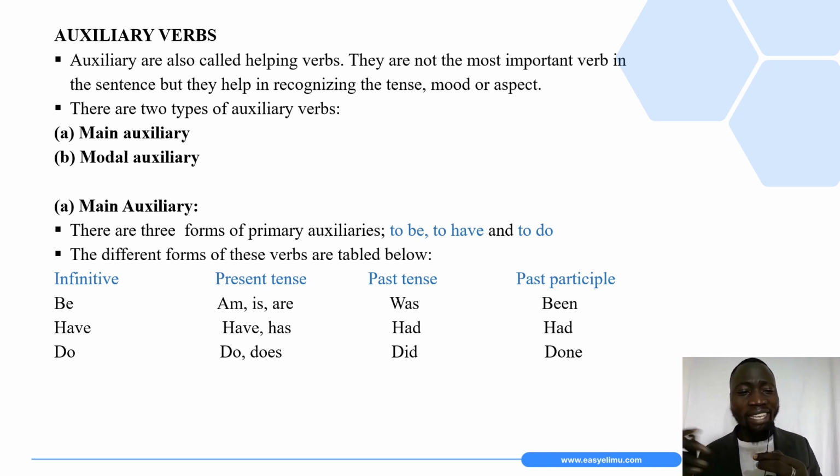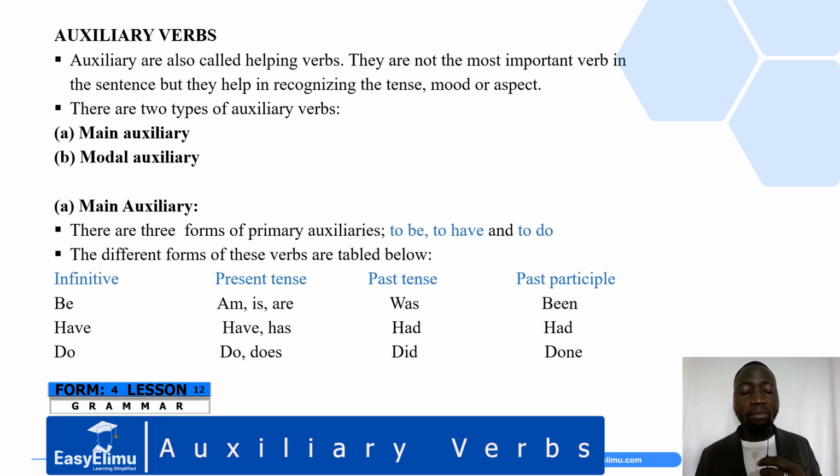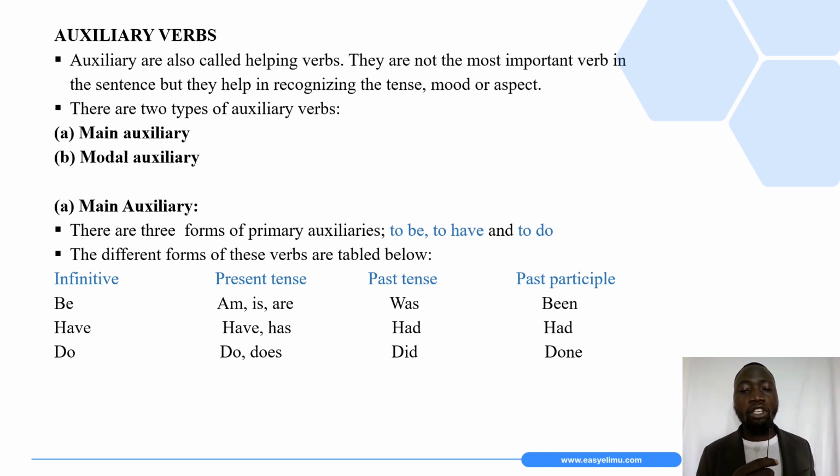So allow me to start by looking at the first one, that is the main auxiliary verbs. So there are three forms of primary auxiliary verbs. Primary auxiliary verb that we also call the main verb exist in three different forms. So the first one is the form of the verb to be.